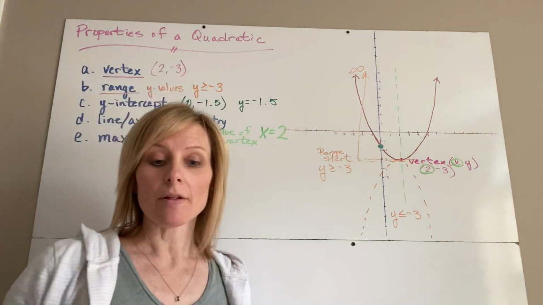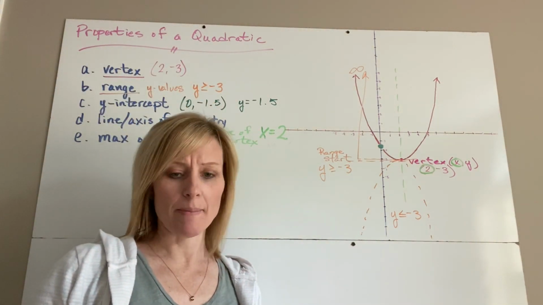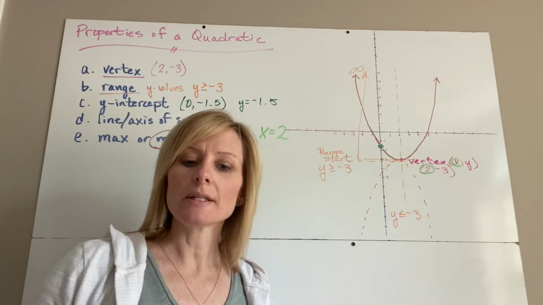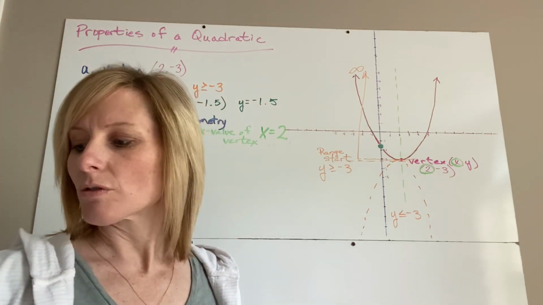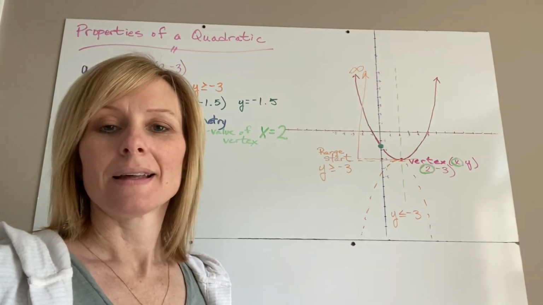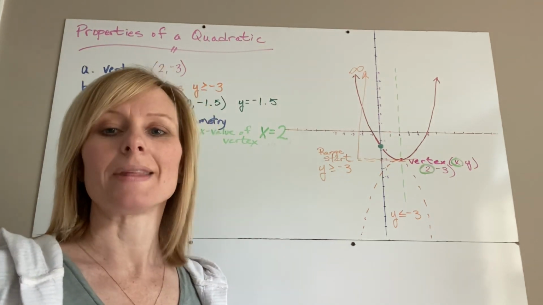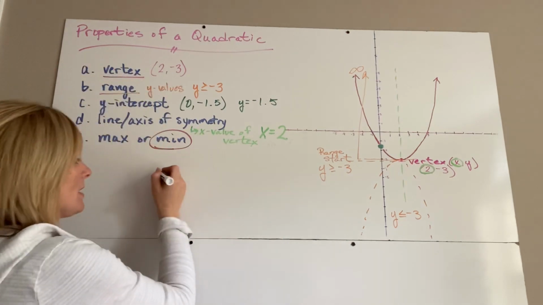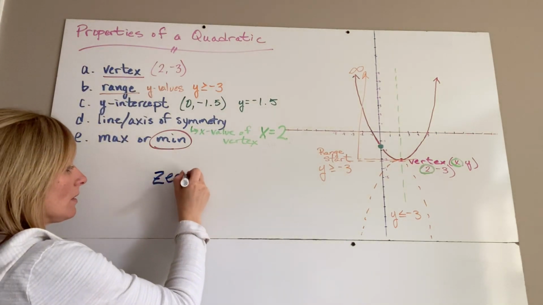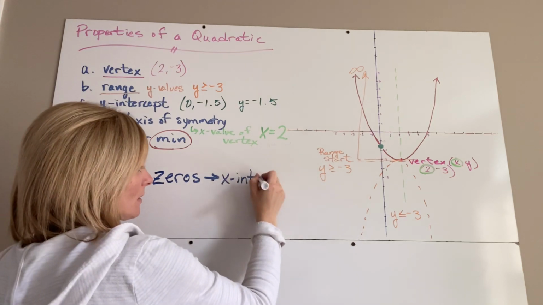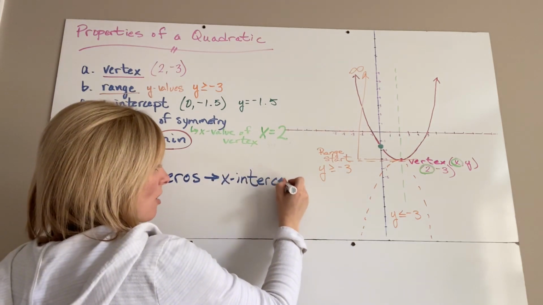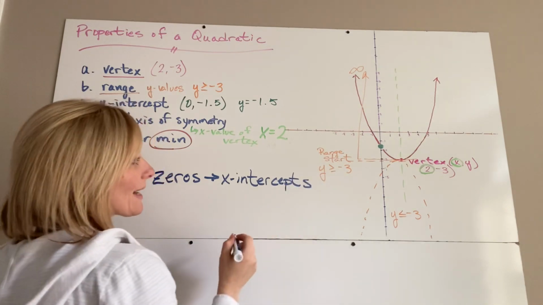Okay, so a couple other things the paper is going to ask you to do. It says circle the zeros of the function. What are the zeros? The zeros are also referred to as the roots or the x-intercepts. So where is it crossing the x-axis?